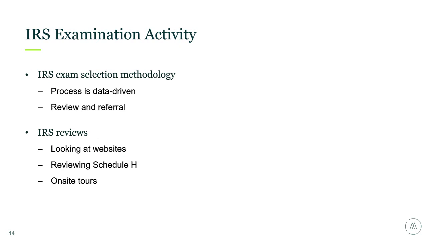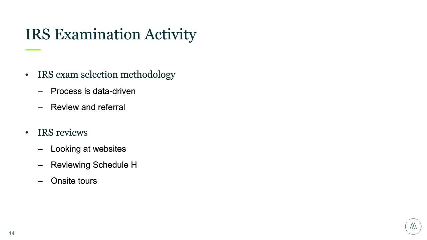So the exam selection methodology, with the IRS resource restrictions, is focusing on using statistical models and data analytics. They're reviewed, and then from that they're referred for exam. The referrals are also coming externally, not just internally from the IRS.